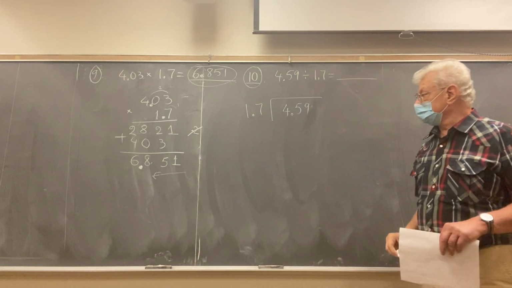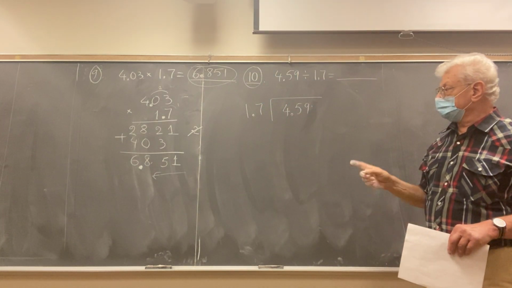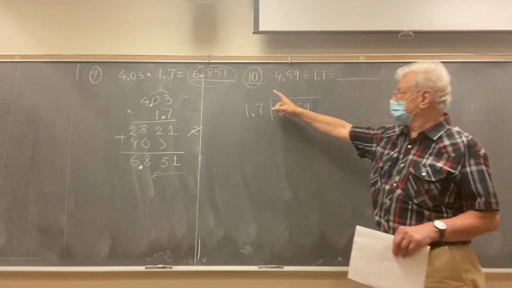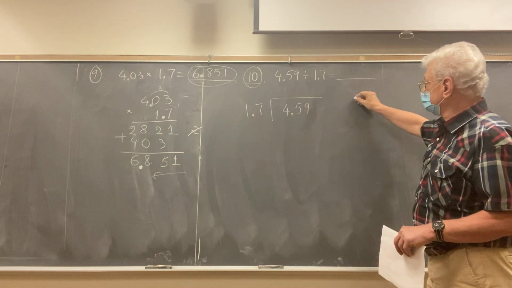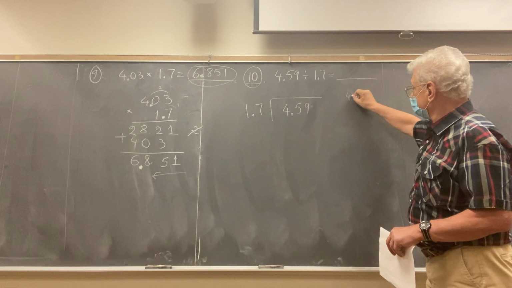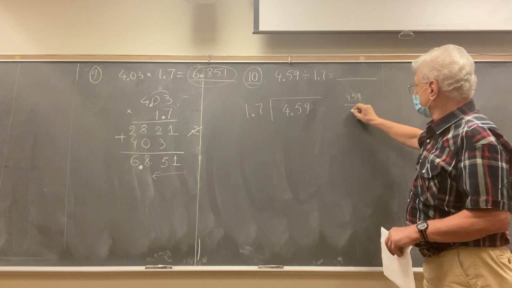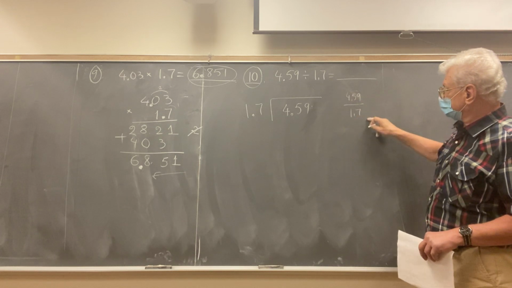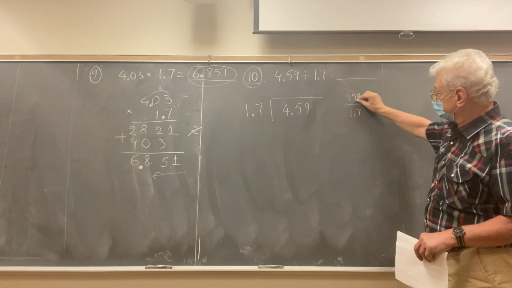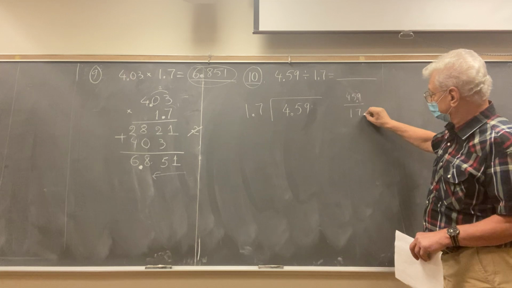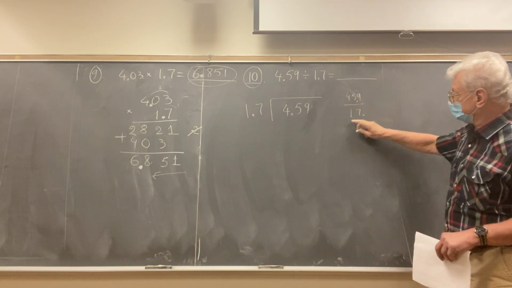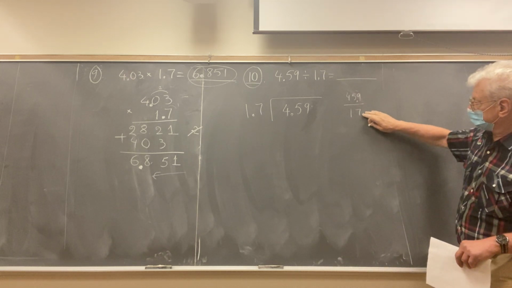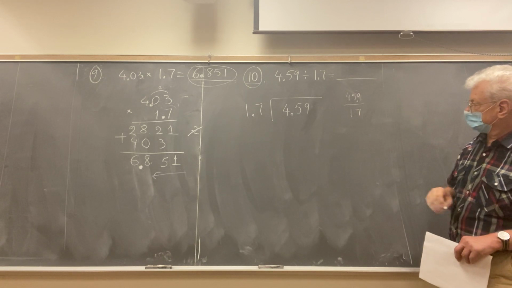First, you have to convert the divisor, the denominator. If you multiply both parts by 10, you move the decimal point to the right by 1 unit. Now you see that 17 is an integer, so you can remove this decimal point.